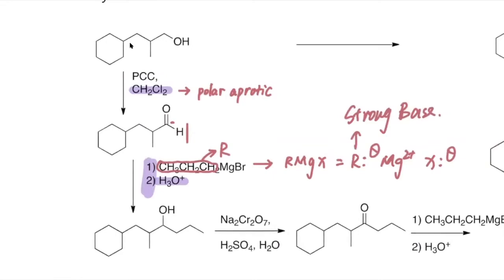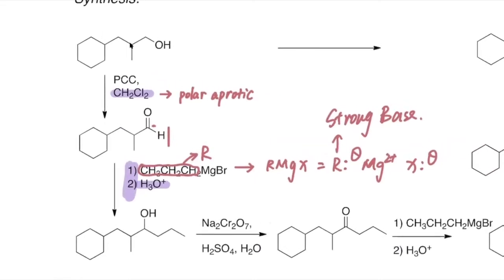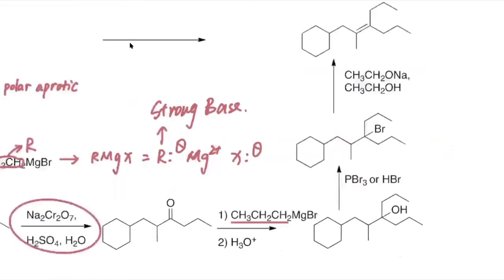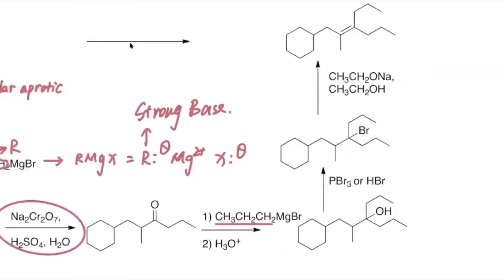And when you have that, this is just the Jones. So you use Jones to do an oxidation, add another R, which is the R2, and then just do the elimination. Okay, so this step is just an elimination. By the way, what type of elimination is this one?